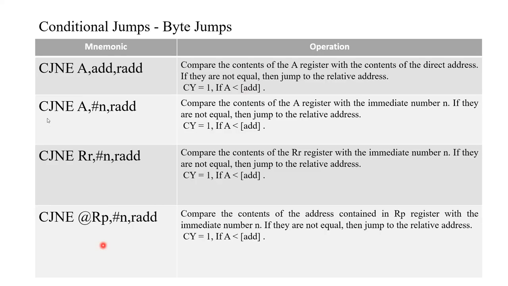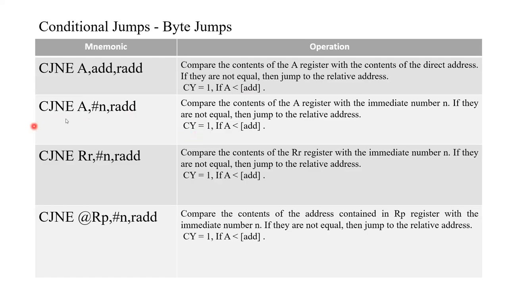Similarly, compare, jump if not equal: if the contents of the accumulator are not equal to the immediate number, jump to the relative address, right? And if the contents of the accumulator are less than the immediate number, set the carry flag. This is the condition we have.